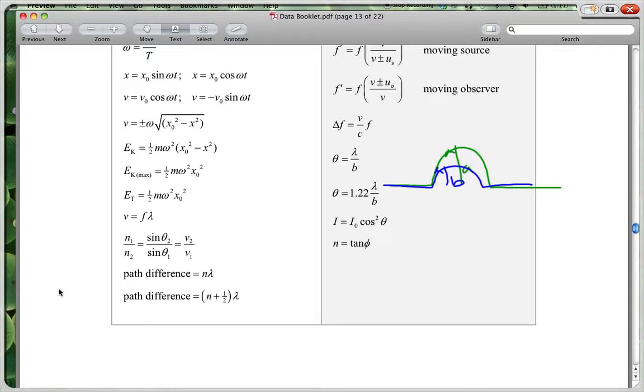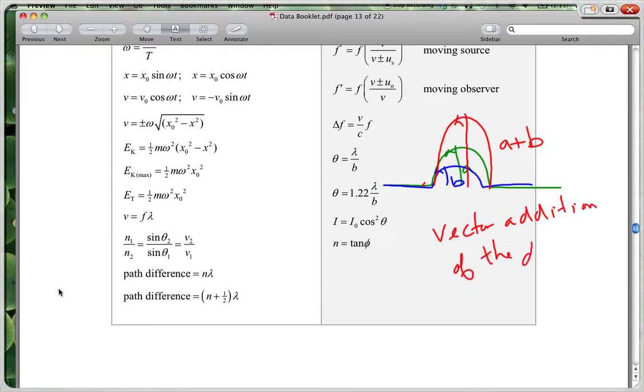But you're going to get a combined wave between the two, which is going to look something like this. That height there will be A plus B. So you basically get a vector addition of the displacements at that specific point.